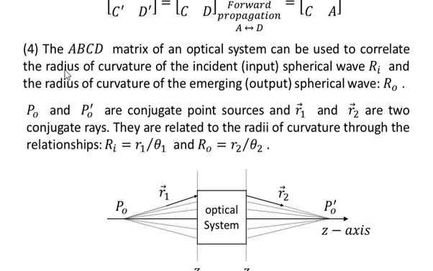The important thing is that we can correlate the radius of curvature of the incident input spherical wave, represented by capital Ri, and the radius of curvature of the emerging output spherical wave, represented by R0. We can find out the relationship between R0 and Ri using ABCD matrix algebra.